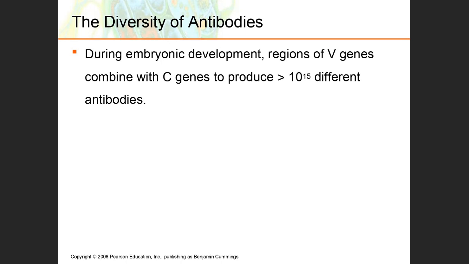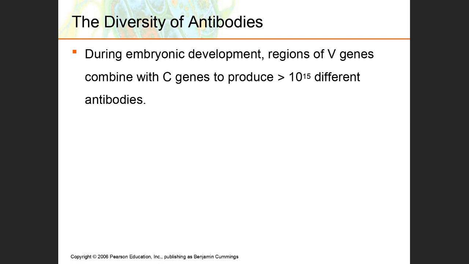And so what that means is you have one particular B cell capable of making that unique antibody. So you have a lot of different B cells. Here we're seeing we can produce up to 10 to the 15 different antibodies. That's a huge number, right?